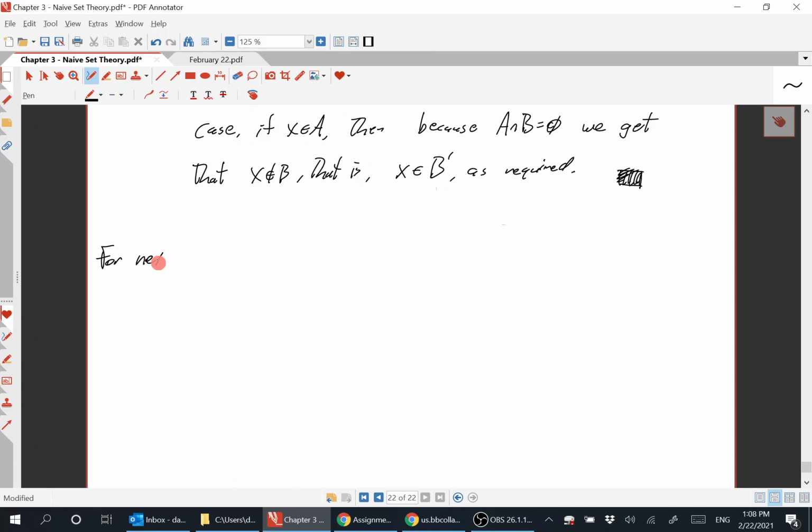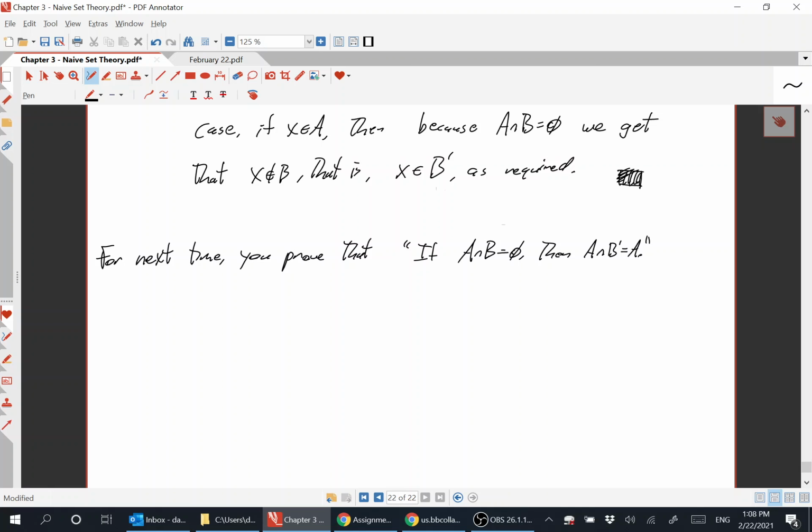For next time, you prove that if A intersection B is equal to the empty set, then A intersection B complement is A. So you prove this next time on your own. Then we'll go over that next time. All right, give that one a shot.